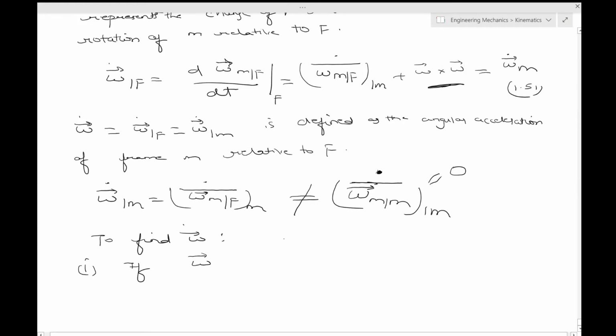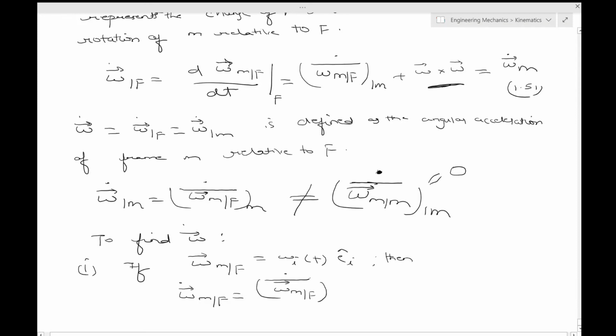When omega M by F is equal to omega I of t e I hat, then omega dot M by F is equal to omega I dot e I hat.